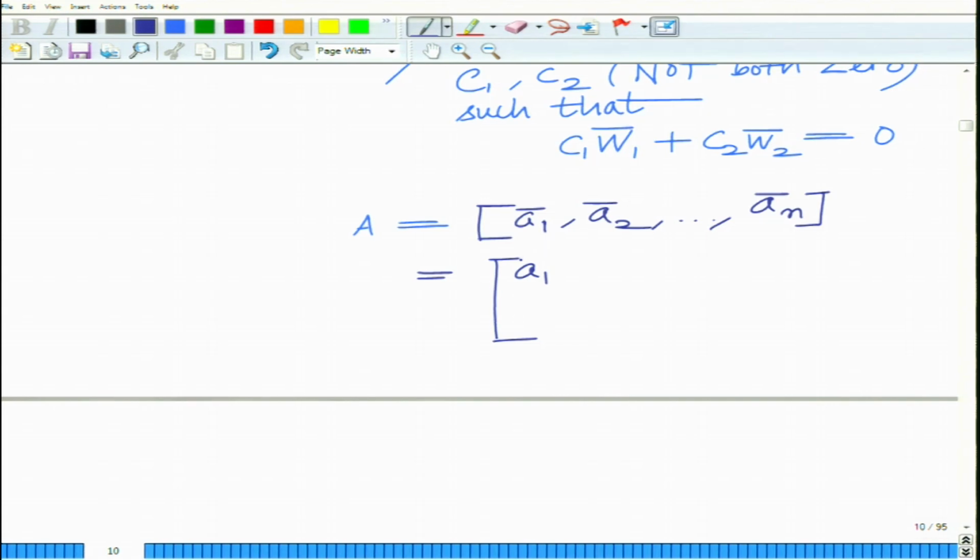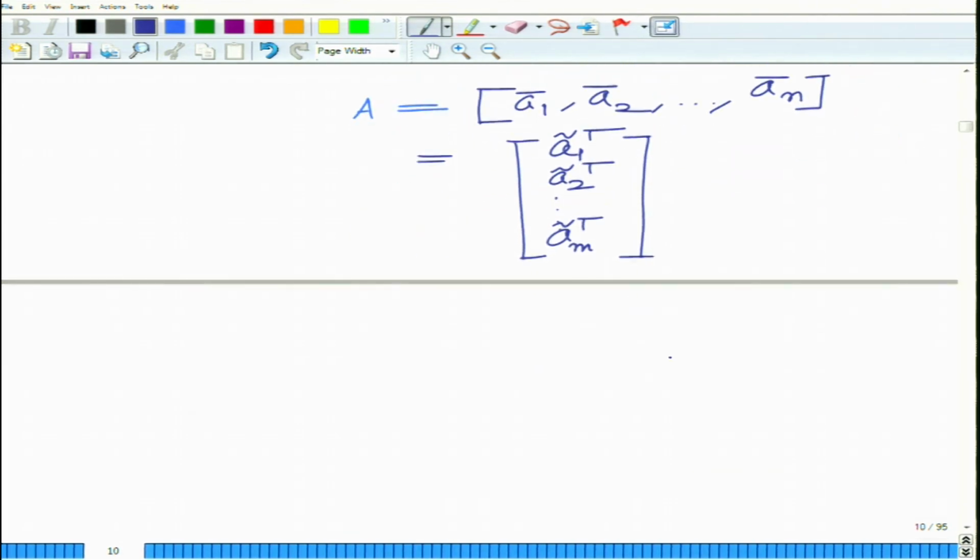So, you have A1 tilde, let us say, denoting the rows, A2 tilde, and so on. And so, these are basically your n columns and these are basically your m rows.